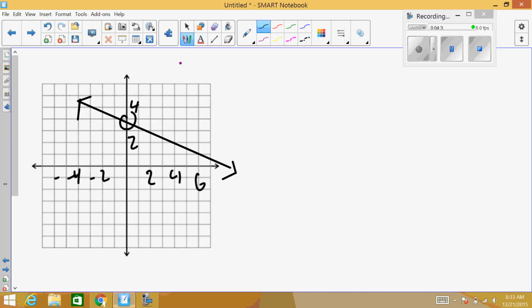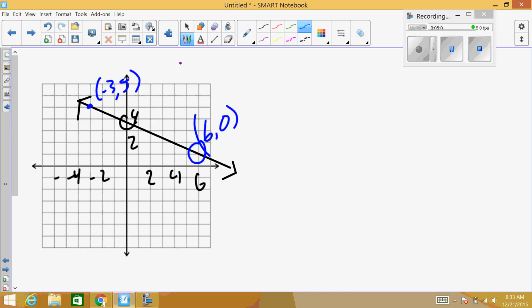I can't tell if it's 3.5, 3 3/4, 4, 3 7/8. My 4's in the wrong spot here, though. So 1, 2, 3, there's my 4. But it's somewhere between 3 and 4. Other than that, I'm not really sure. But what I can do is find two other points. Looks like I've got (6, 0), and this other point over here, (-3, 5). Using those 2 points, I want to come up with an equation for my line.